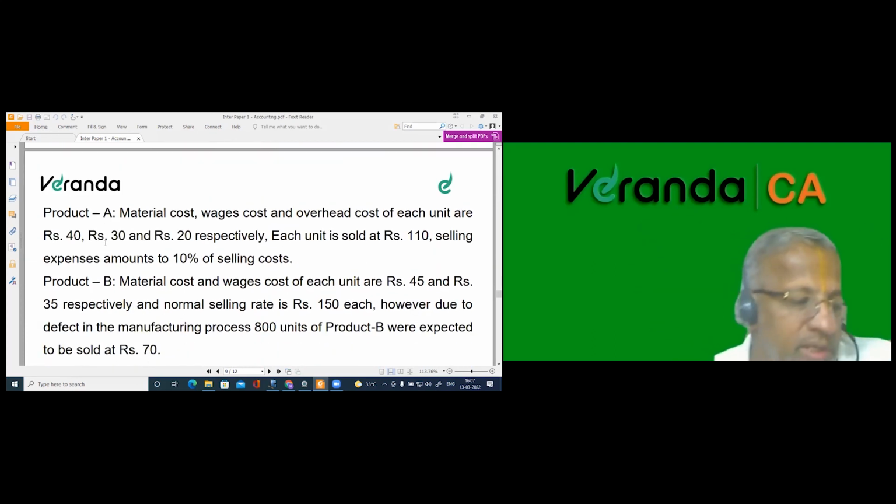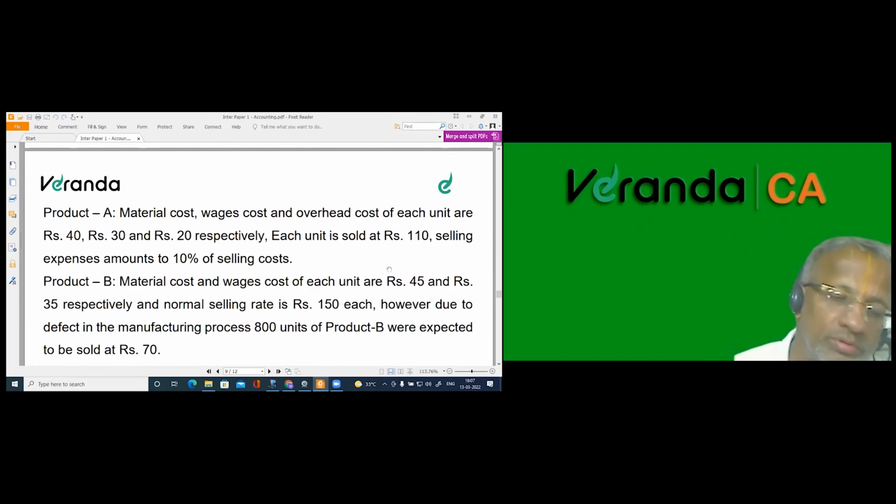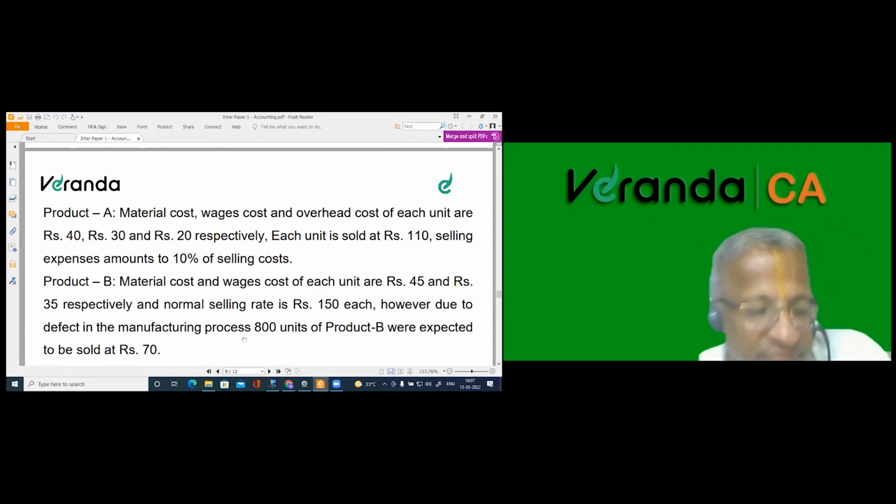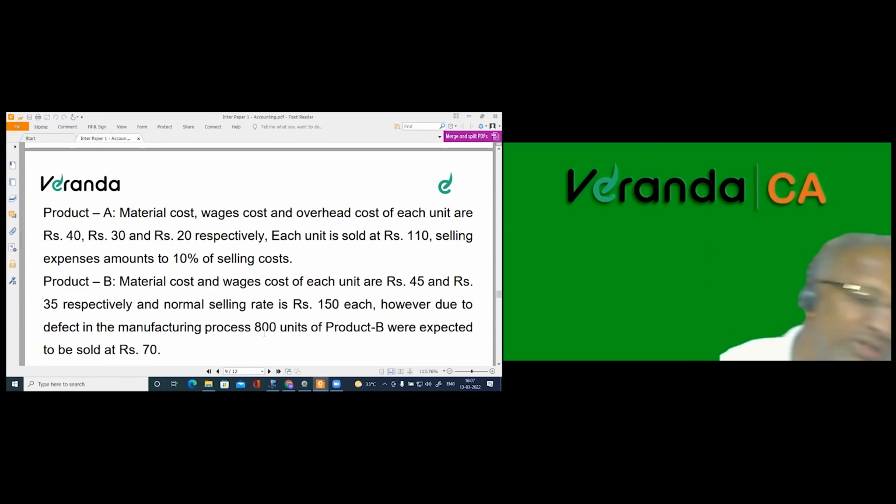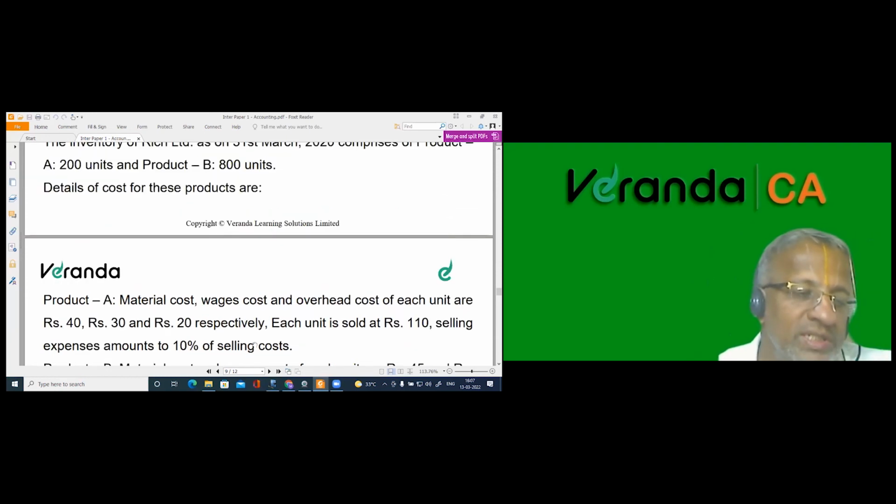Now let us take up product B, material cost and wage cost being 45 and 35. The total comes to 80 rupees, but the normal selling price is 150. However, there was a defect in the manufacturing process, and all 800 units are defective ones, expected to be sold for 70.